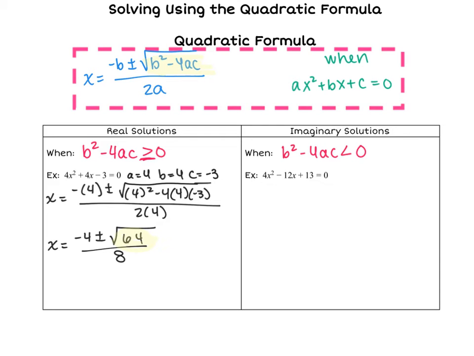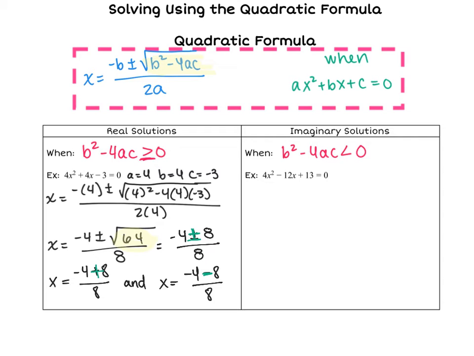Hopefully you know that the square root of 64 is just 8, so we have negative 4 plus or minus 8 over 8. Now remember when I said that this plus or minus just means we have two different equations. So we have x equals negative 4 plus 8 over 8, and x equals negative 4 minus 8 over 8.